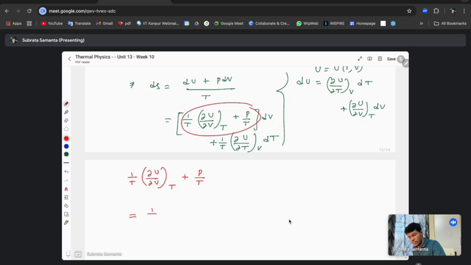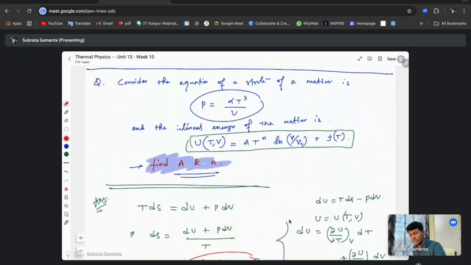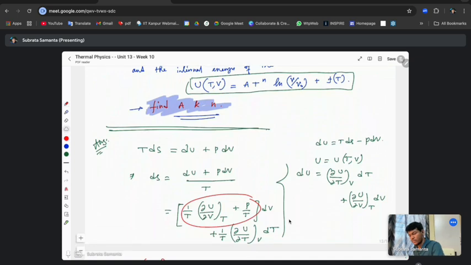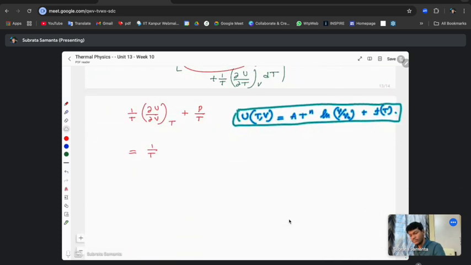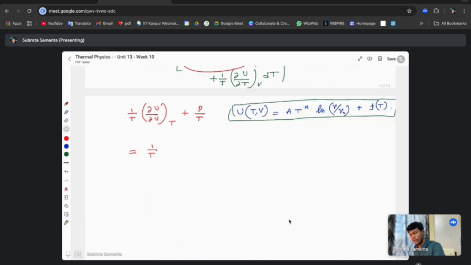Which is equal to 1 over T. So u is this, so just copy this one. So this is u, so ∂u/∂V means A times n to the power n, 1 over V, V naught over V, right, times 1 over V naught.